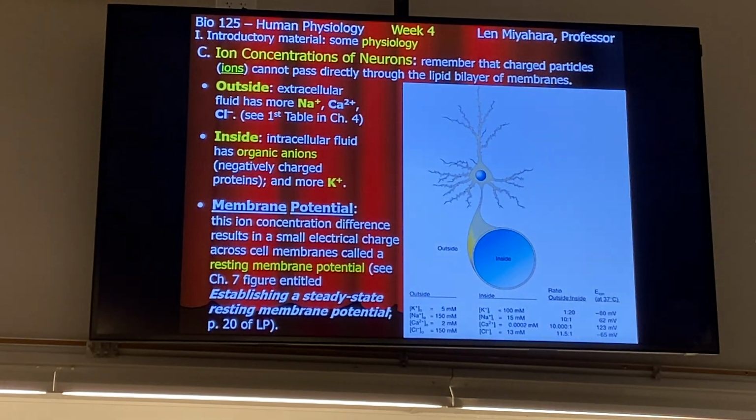Now this term here, I want you to get past the strangeness of it. When we talk about membrane potentials, you want to translate that to the voltage difference across that membrane.